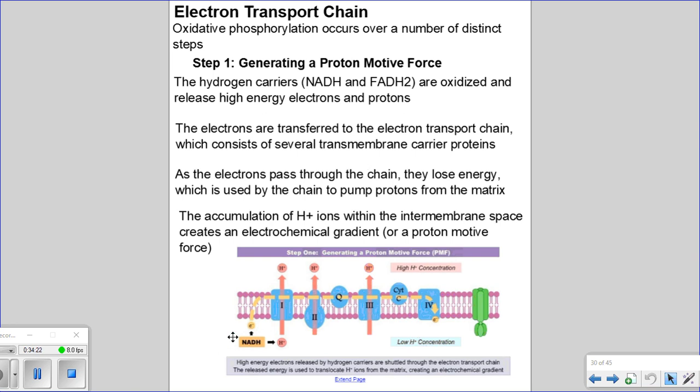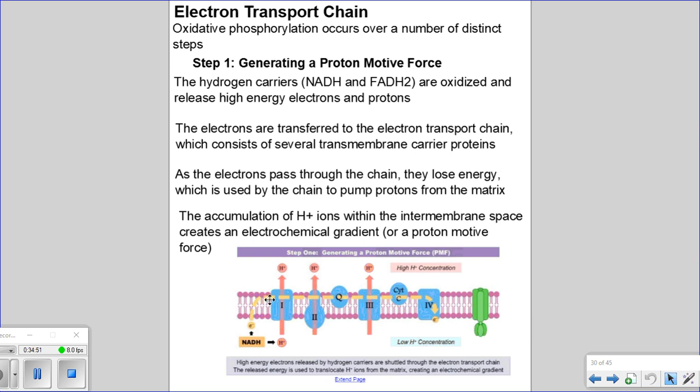So here's our NADH. It will be oxidized to produce NAD. So as it's oxidized, it's releasing its hydrogen ions and its electrons. Now the electrons are transferred to the electron transport chain, which consists of several transmembrane carrier proteins. So here the electron is released and transferred to that first protein in that electron transport chain.